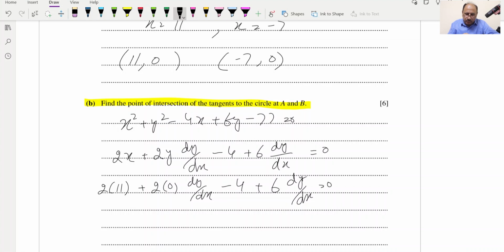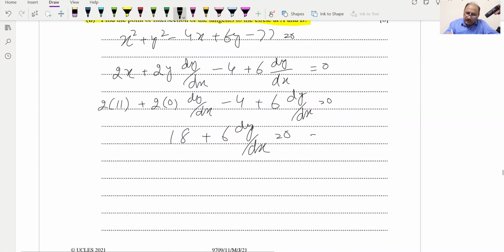So this will be 22 minus 4, which is 18. 18 plus 6 dy over dx is equal to 0. This implies dy over dx is equal to minus 18 over 6, which is equal to minus 3. So we got the gradient as minus 3.